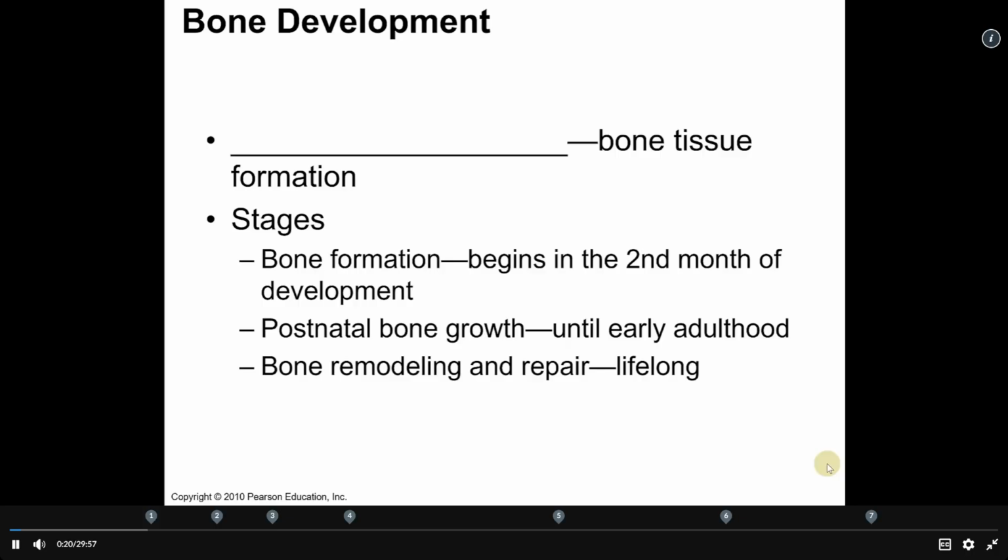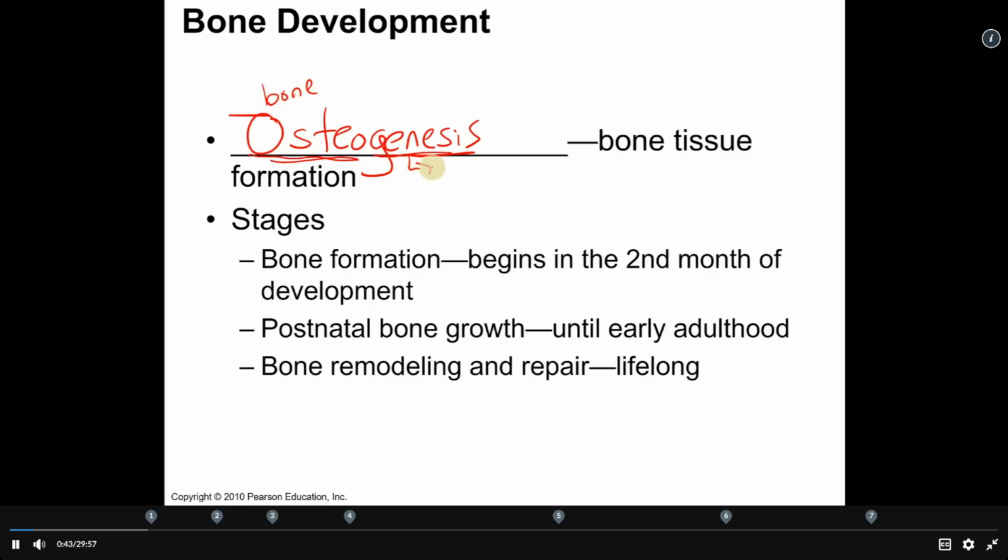So the first word I'm going to give you means the formation of bone tissue, and it's called osteogenesis. If you look at the word, you'll notice genesis is part of it, and so is osteo. Osteo refers to bone.